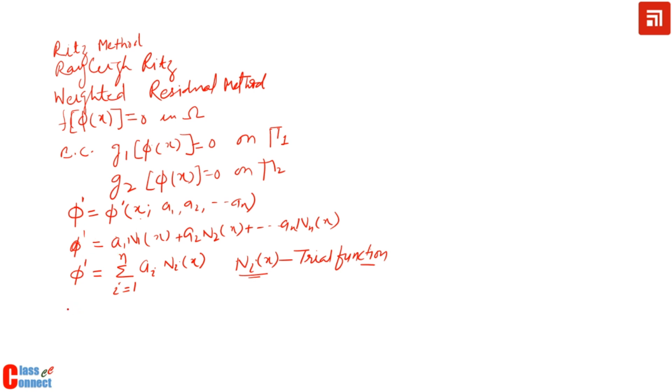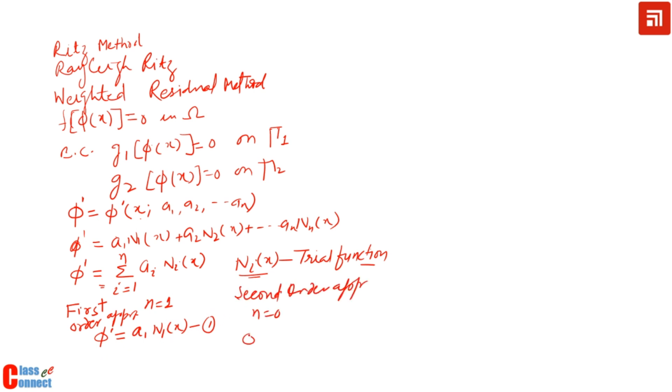So if we are doing first order approximation, then we will use only n is equal to 1. It means it is first order solution, first order approximation. So in case of first order approximation, phi dash is given by a1 N1x, and in case of second order approximation, n is equal to 2.